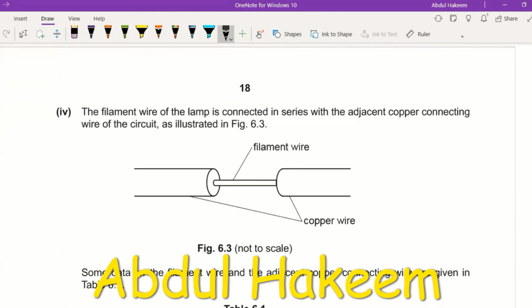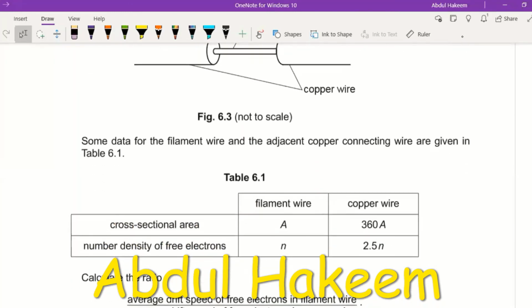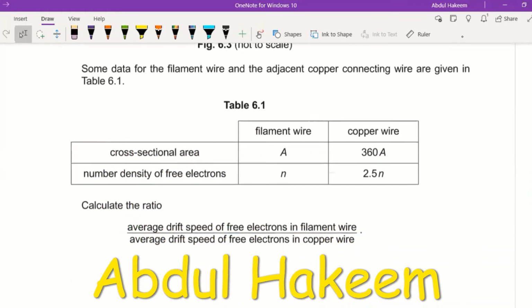Now the next is the filament. The filament wire of the lamp is connected in series with the adjacent copper connecting wire in the circuit. Some data for the filament and the adjacent copper wire is given.